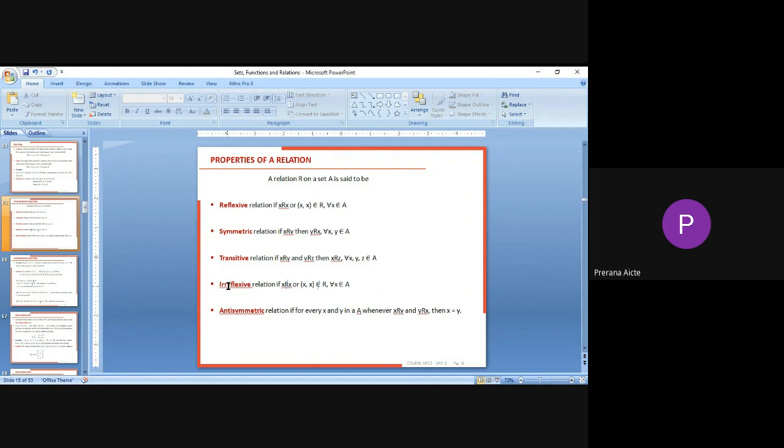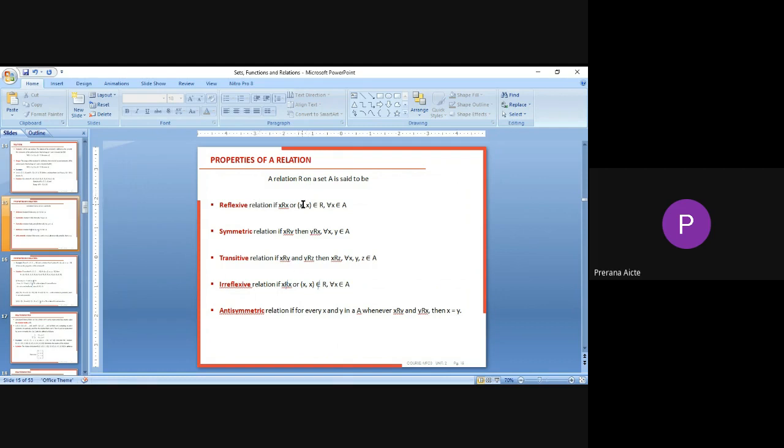Coming to irreflexive relation, it means x is not related with x, so (x, x) does not belong to the relation R. It is opposite to the reflexive relation.